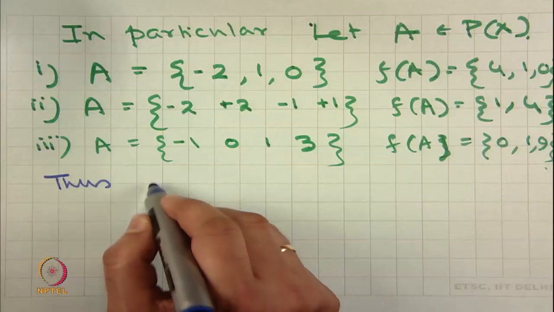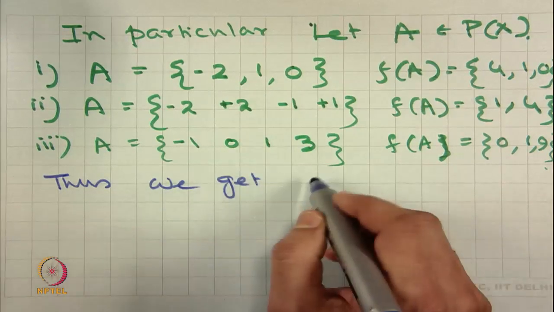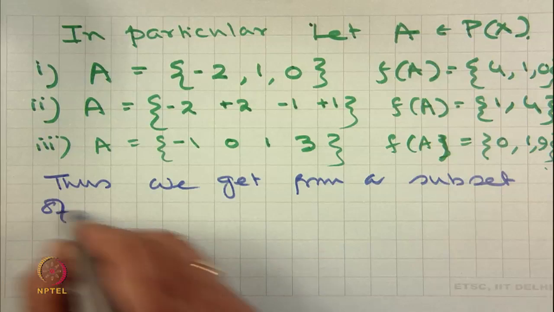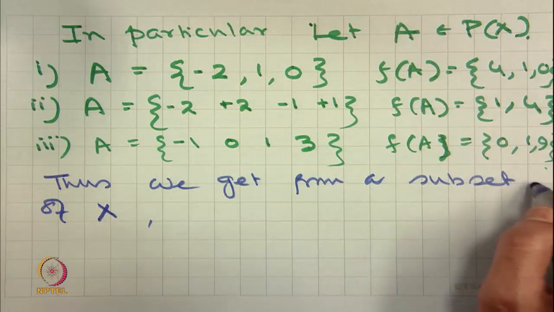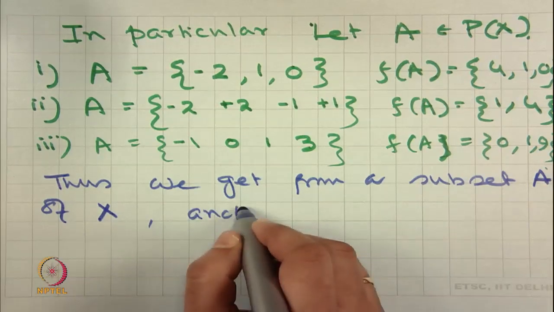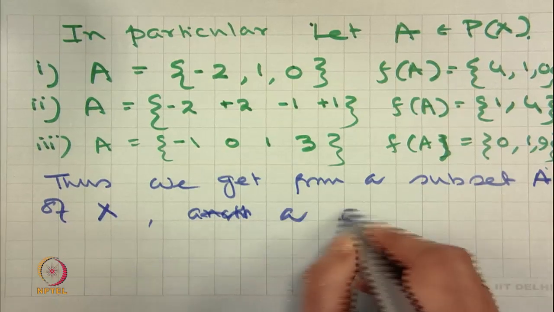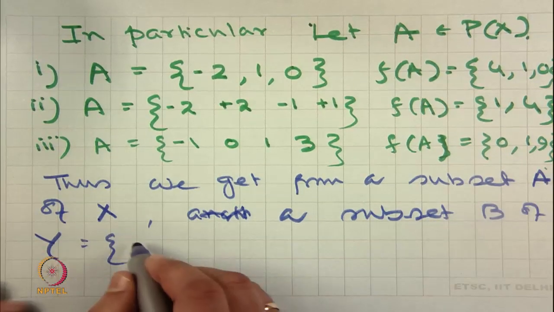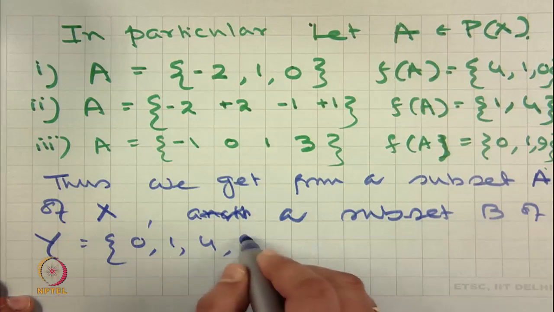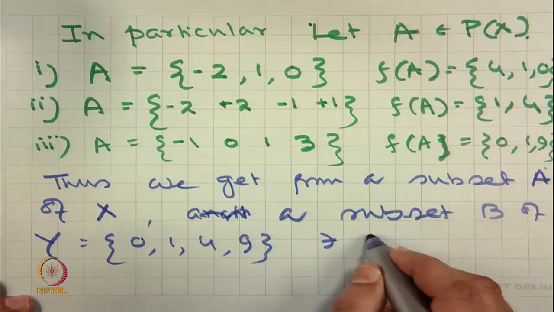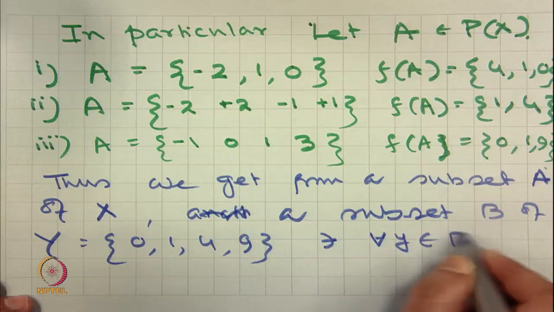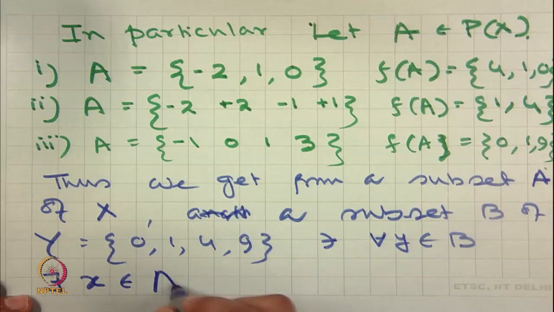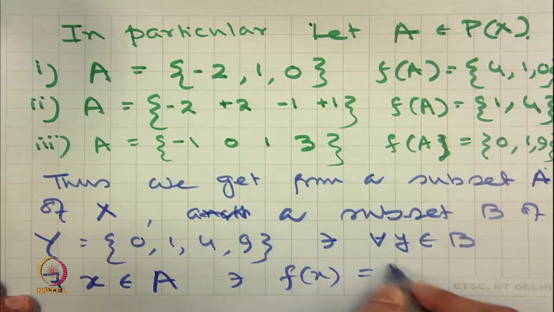Thus, we get from a subset A of x, a subset B of y, which is equal to, in this case, 0, 1, 4 and 9, such that for all y belonging to B, there exists x belonging to A such that f x is equal to y.